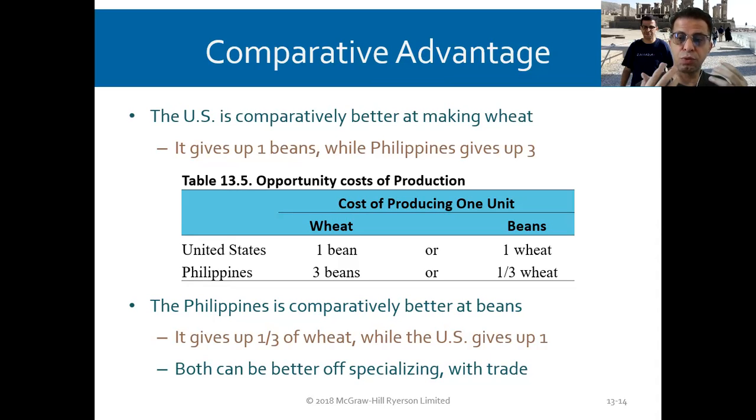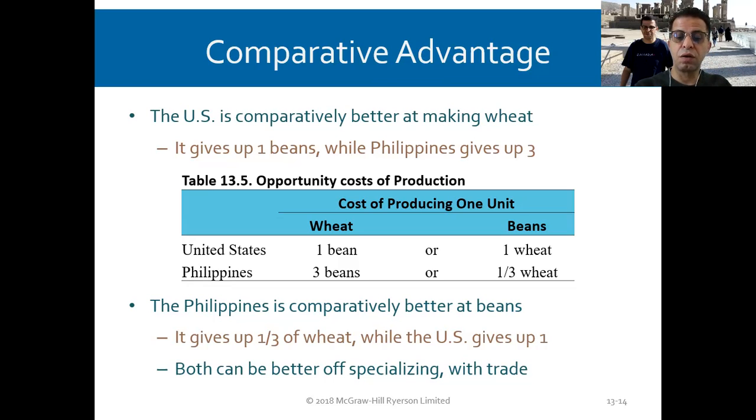And if they decide to produce 1 bean, they sacrifice only 1/3 of a wheat. So the Philippines is comparatively better at beans. It gives up 1/3 of a wheat while the US has to give up one.